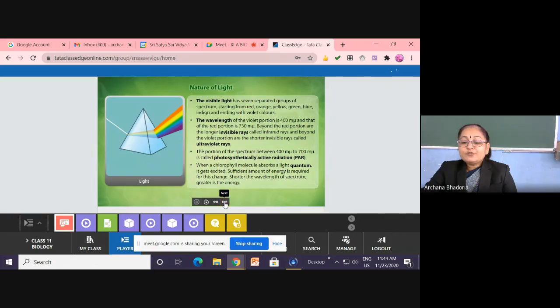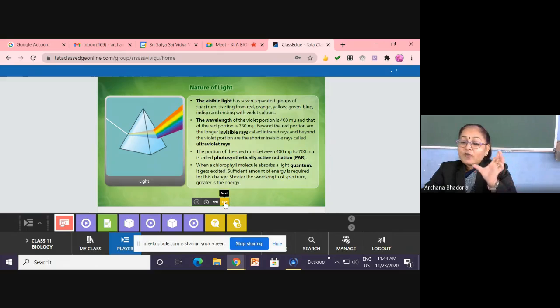Children, you all know that photosynthesis cannot occur in the absence of sunlight. For photosynthesis to occur, light is very important. Now, you know that the source of light is only the sun. The sun contains the light which we are receiving. It is white in color.